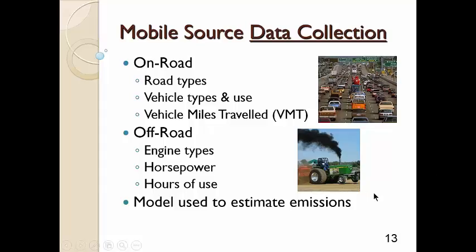I guess the laws are such that if you're dragging logs around your own land, why should you have to use emission controls on your tractor? So the off-road, per vehicle, I think they emit actually a lot more than cars on roads. And they depend on the engine type, the horsepower, the hours of use. So this is something where seasonality would be important. And there are different models used to estimate these emissions.